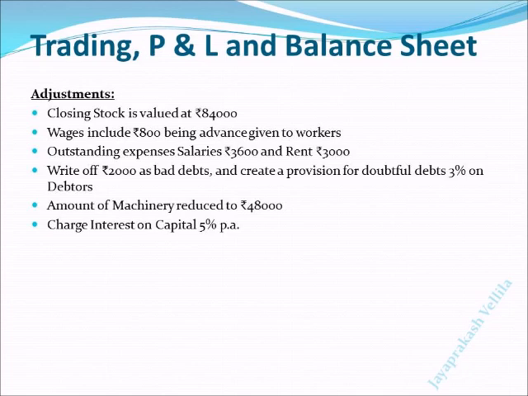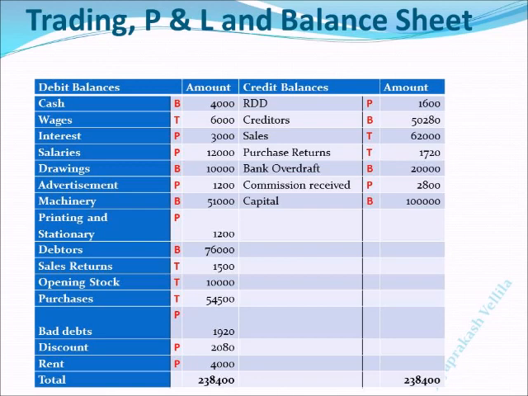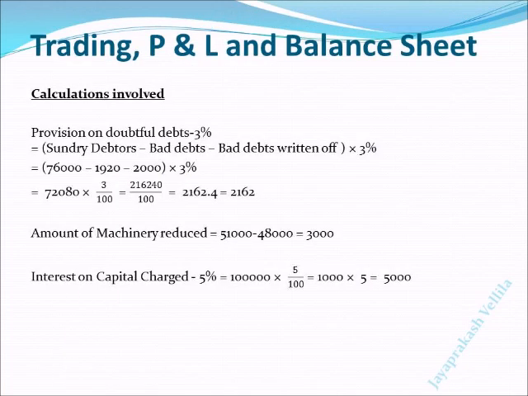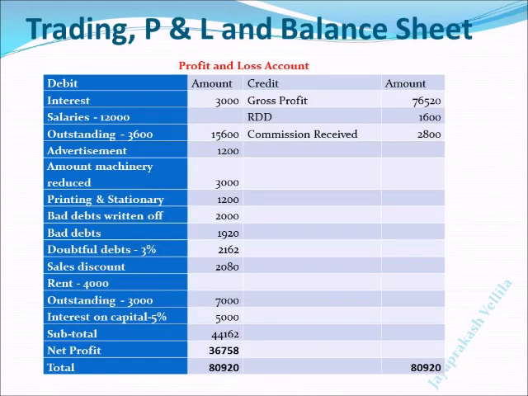So that is an expenditure for the company. That 5% we can calculate as per the trial balance. 1 lakh is the capital amount. Then 5% of 1 lakh is 5,000. So it is an expenditure, an amount to be given to the owner of the company.